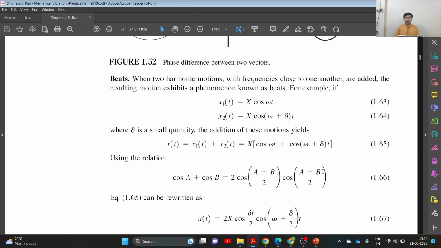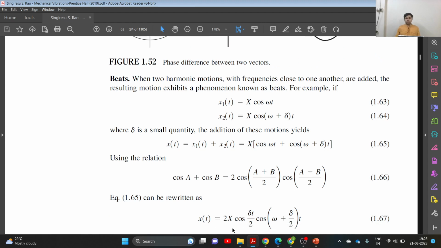So when we add up these two sine waves, x1 plus x2, and let us say their amplitudes are equal, then we can write them as cosine of omega t plus cosine of omega t plus delta t. So using this identity of cos A plus cos B, we can write it as 2 cos of (A plus B) by 2 into cos of (A minus B) by 2.